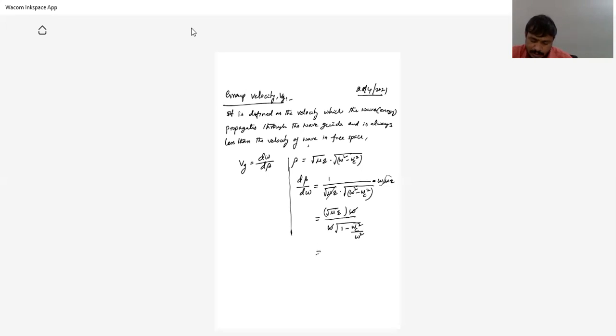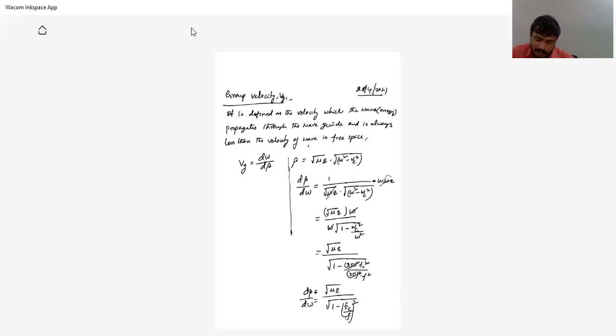So you can write root mu into epsilon by root 1 minus, you can convert into frequency, this is 2 pi whole square into fc square, and 2 pi whole square into f square. So this gets cancelled. So we have root mu into epsilon by root 1 minus fc by f whole square. So this is the d beta by d omega.